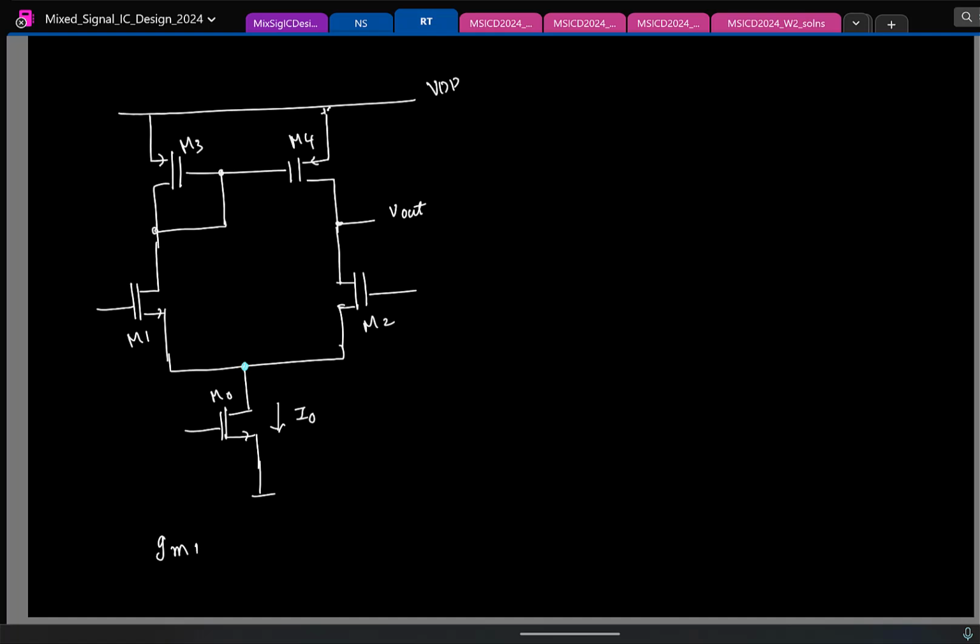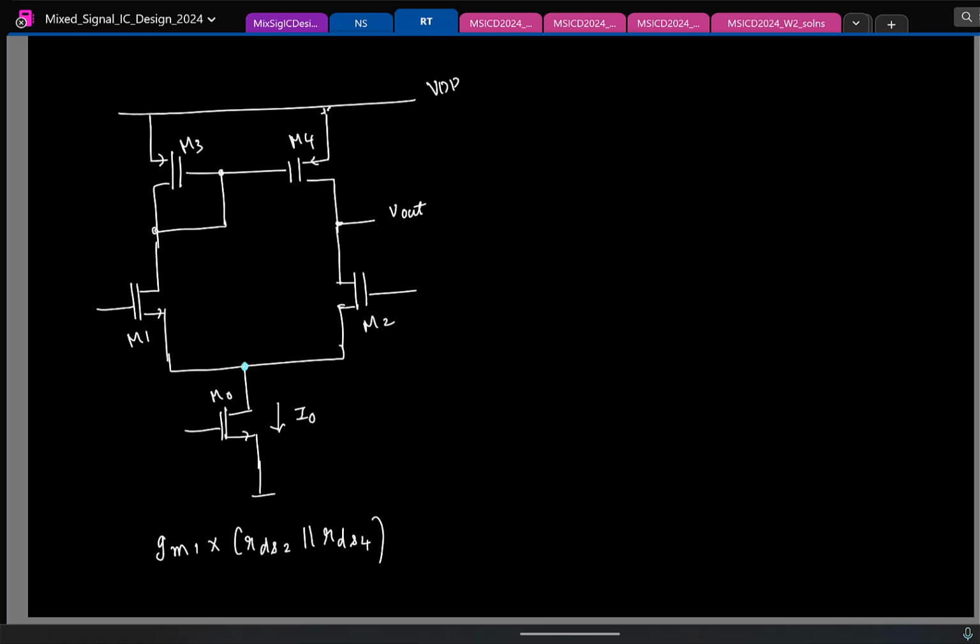So I'll just say it's GM1 times RDS2 parallel RDS4. Like I mentioned, you work out the output resistance with channel length modulation included for the NMOS. You will find that this is indeed approximately RDS2 parallel RDS4. So this is basically like a GM RDS of a transistor. That's going to be really small in practice, say 20 or 10 or something.